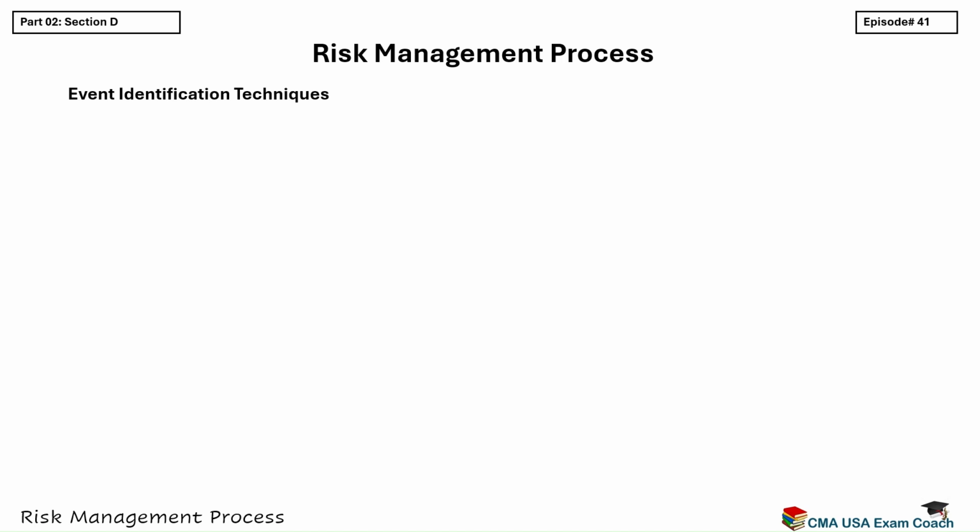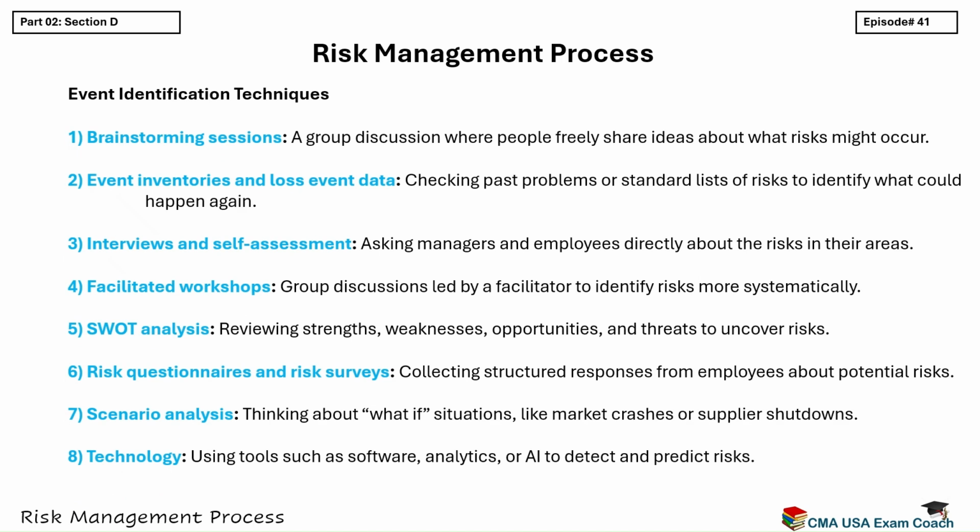These techniques help organizations systematically identify potential risks instead of depending only on guesswork. By applying these methods, companies can ensure that no major risk is overlooked, whether it comes from inside the business or from the outside environment. Here are some of the key techniques.